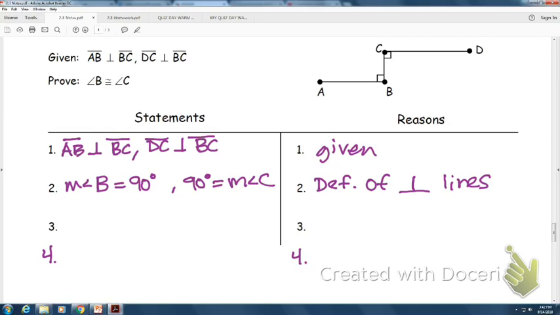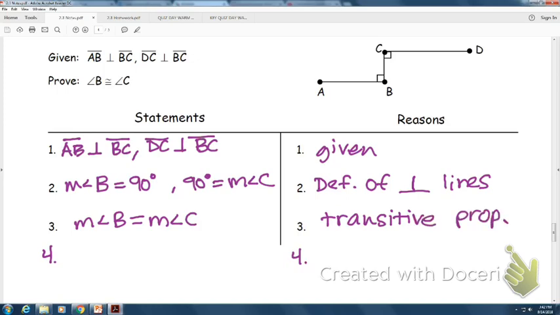Okay, again, I wrote it this way on purpose so that hopefully we can identify the next step. Okay, how could we move forward? Transitive property. The transitive property. And so what am I left with after applying the transitive property? Measure of angle B equals the measure of angle C because of the transitive property.